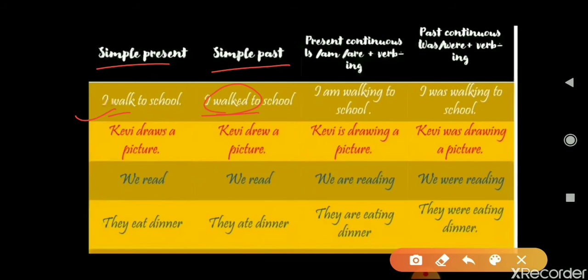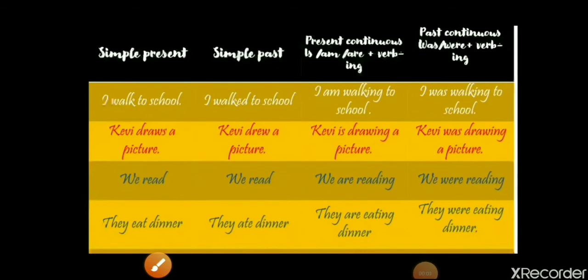In present continuous we use is, am or are plus ing. So I am walking to school. With I we use am. Okay. Now past continuous. In past continuous we use was, were plus verb ing form. So here I was walking to school. Walk plus ing form. Okay.